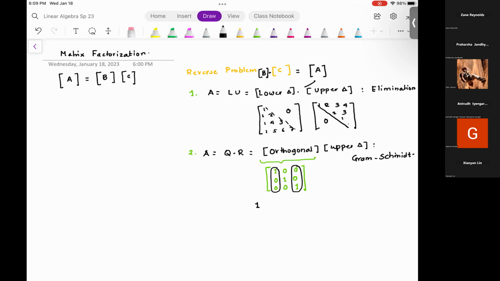So 1, 0, 0 multiplied by 0, 0, 1. This is actually called the dot product. This dot product is 0.